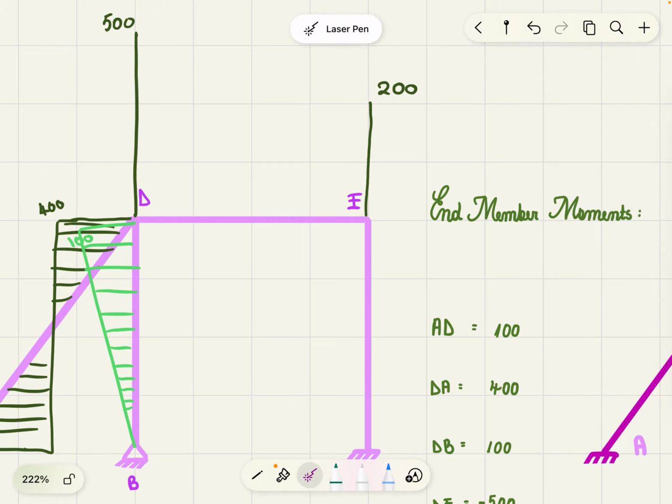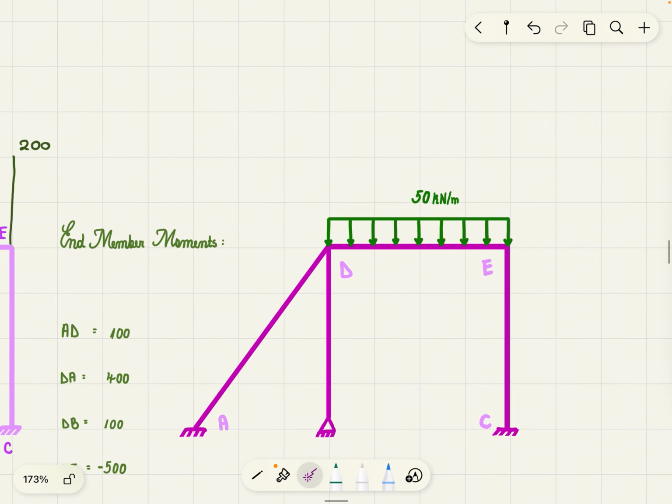But we can't just join these two lines up because what's going on in our structure, we have a uniformly distributed load acting on member DE. So to take that into account, we're going to have to do WL squared over 8 to find the maximum moment at this point. If you wanted to find end member moment, so at D or E, you would have done WL squared over 12. But we wanted the maximum moment at midspan.